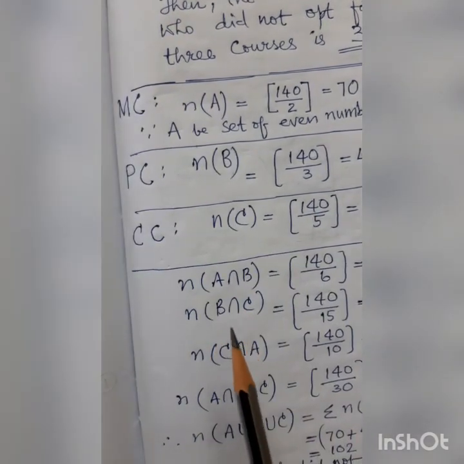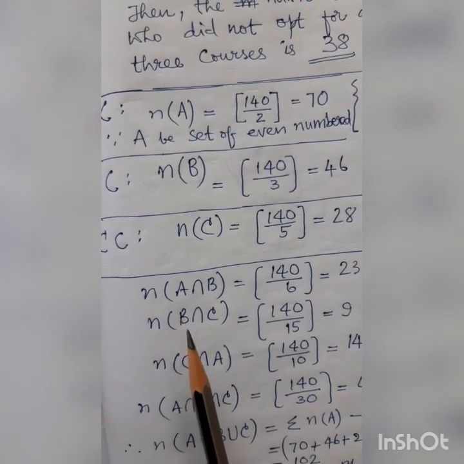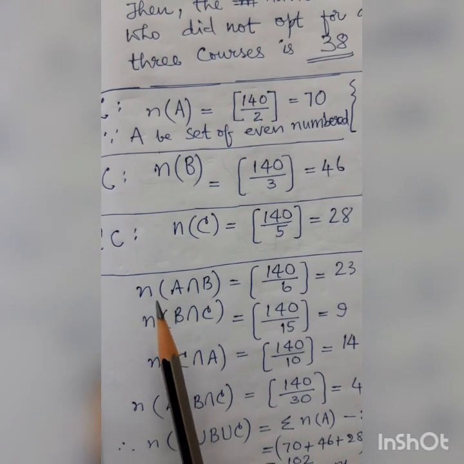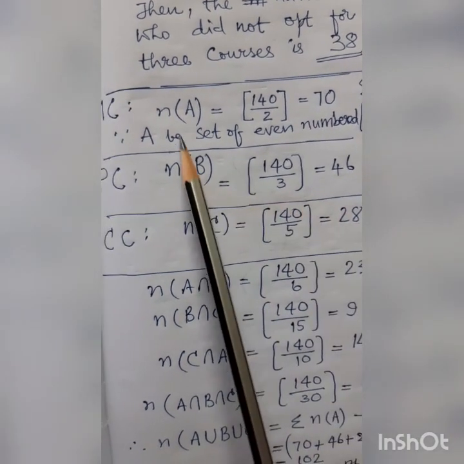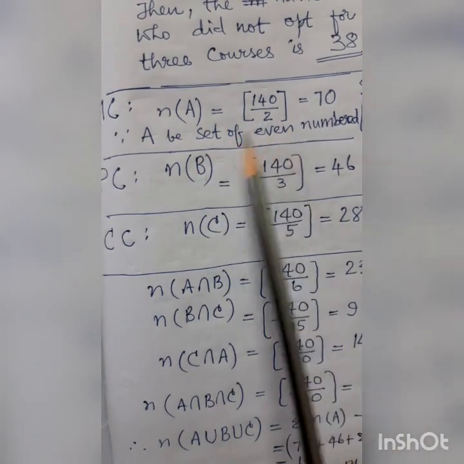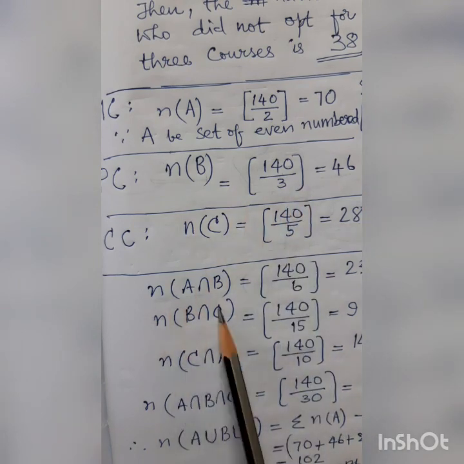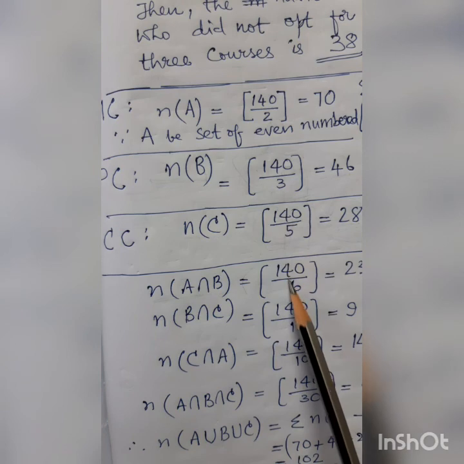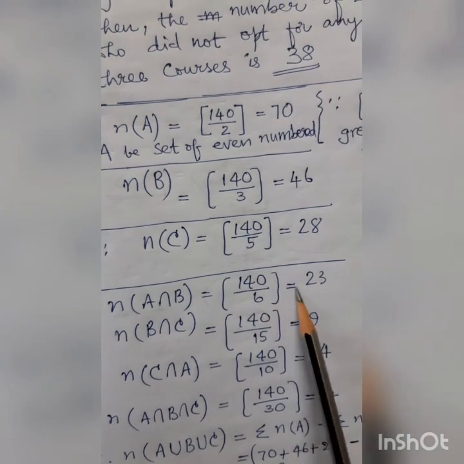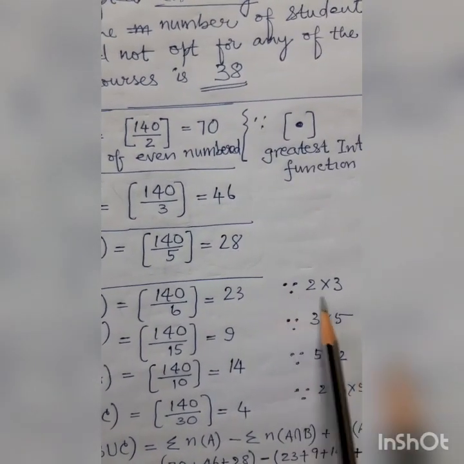Nice. Next, all set operations. N of A intersection B. N of A is this much, N of B is this much. N of A intersection B means 2 into 3, 6.